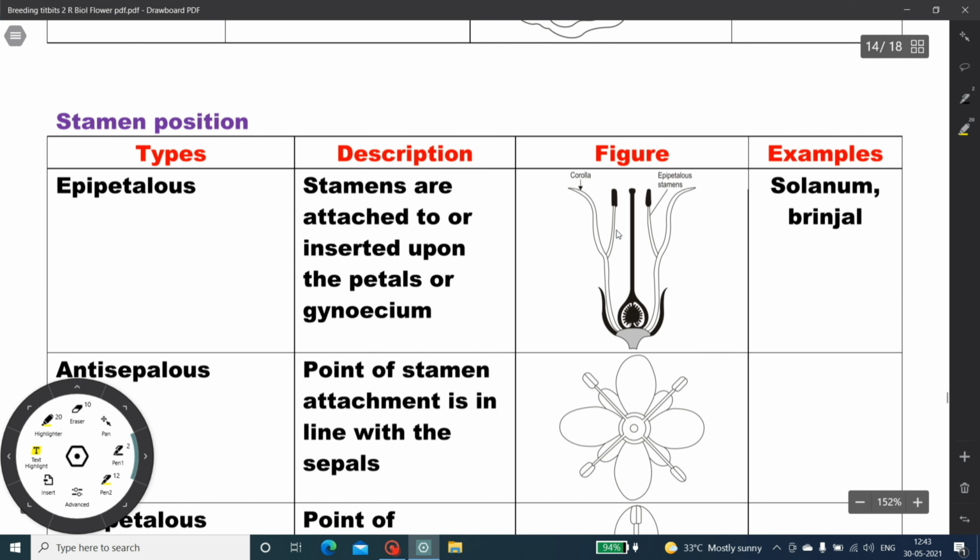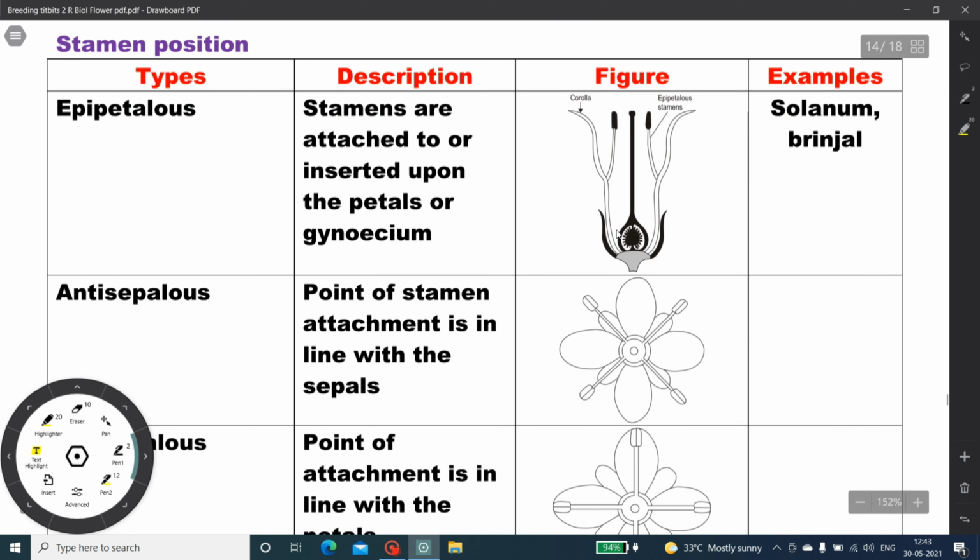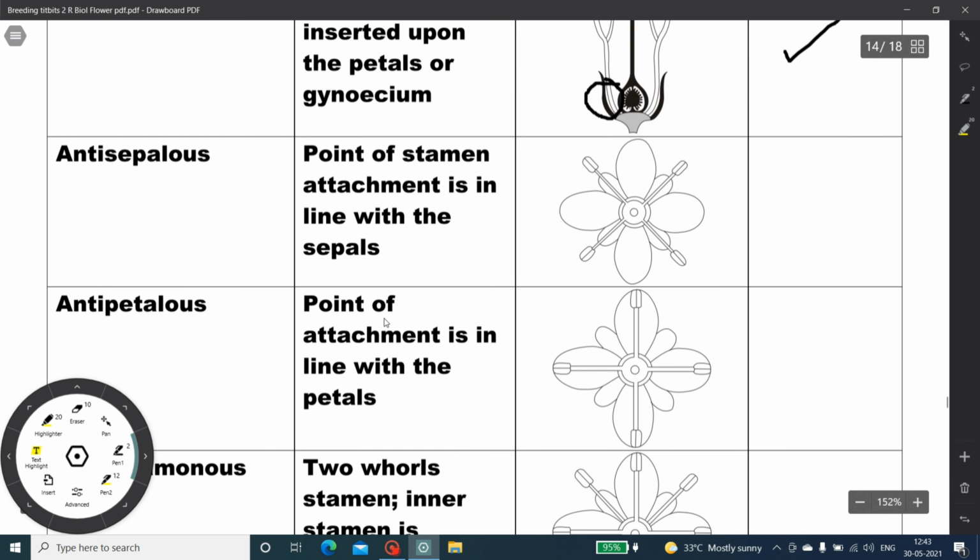And stamen position, let us have different types. The first one is epipetalous: the stamens are attached or inserted upon the petals. The examples are solanum and brinjal.